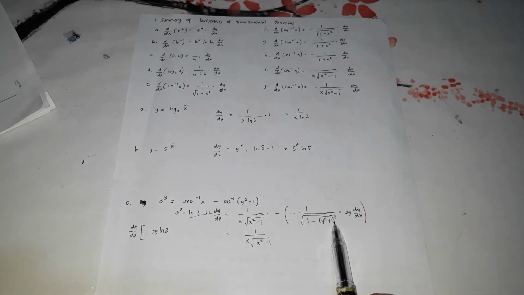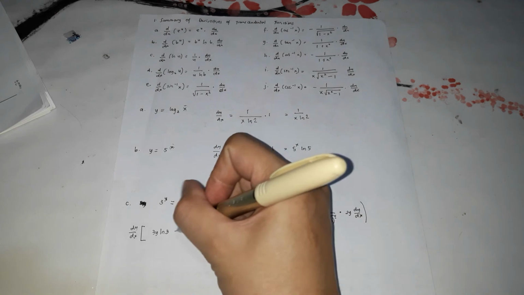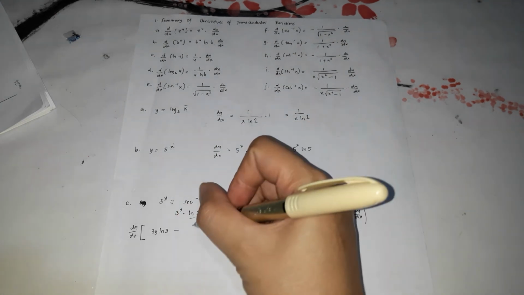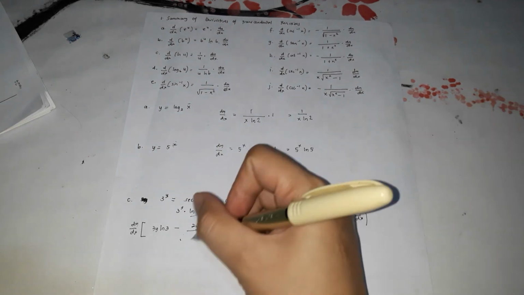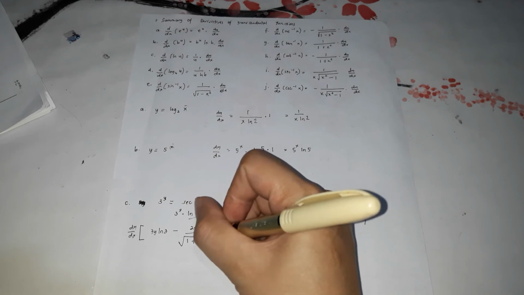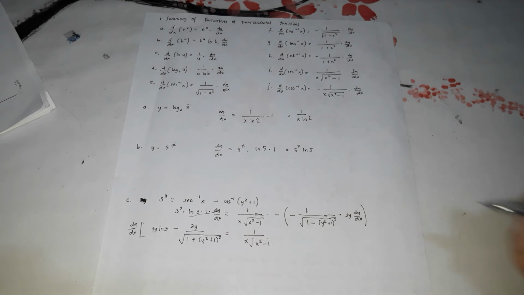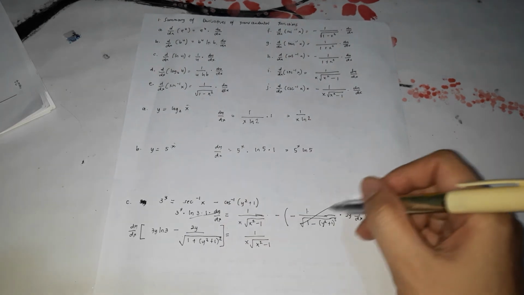This one is moved because it has dy over dx. Negative times negative is positive, and when you move it over, it becomes negative. So 2y times 1 is 2y over the square root of 1 minus y squared plus 1 squared. We transpose this, and it remains.